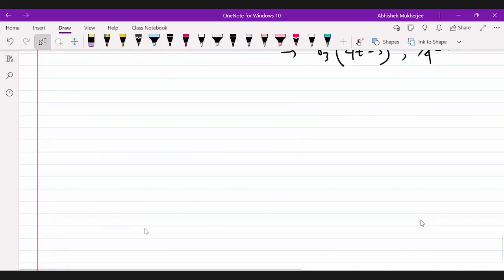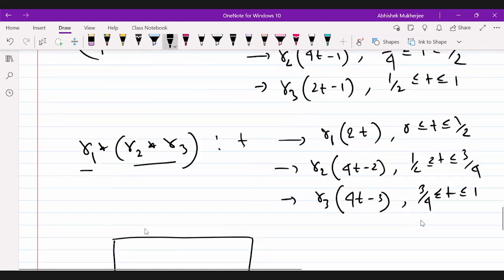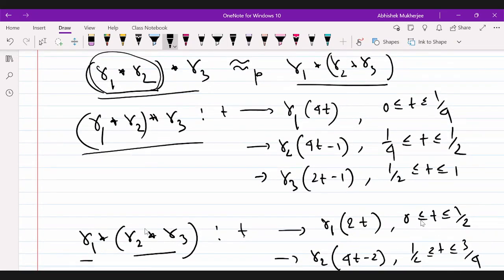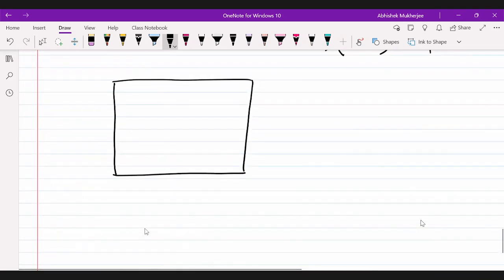So let us make a diagram here, and you will find that, first of all, consider this path. Firstly, it will occupy the bottom side, right?